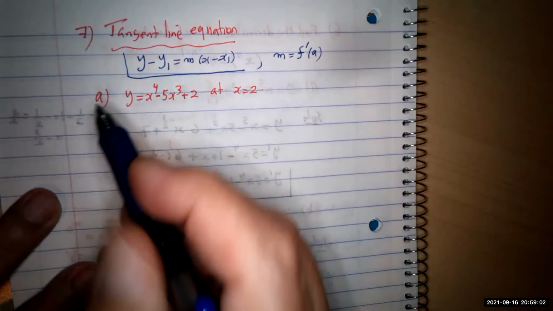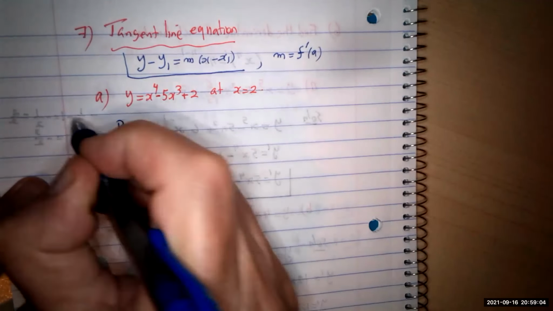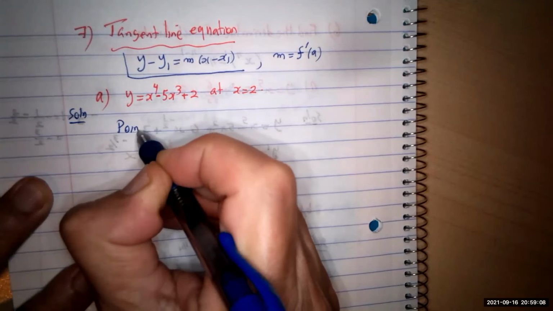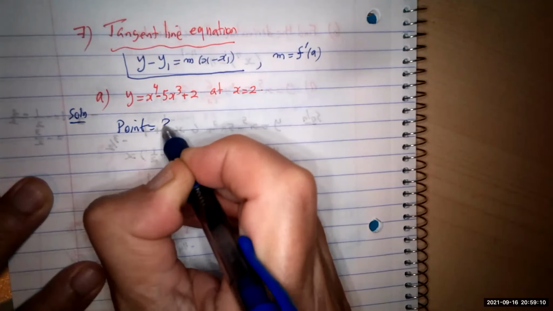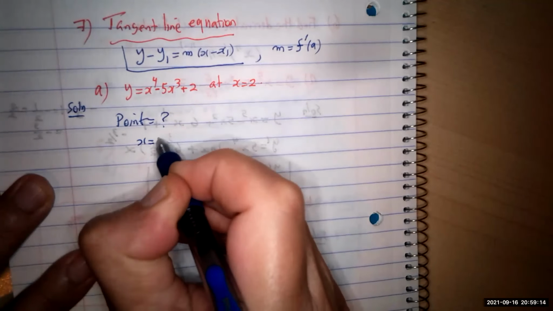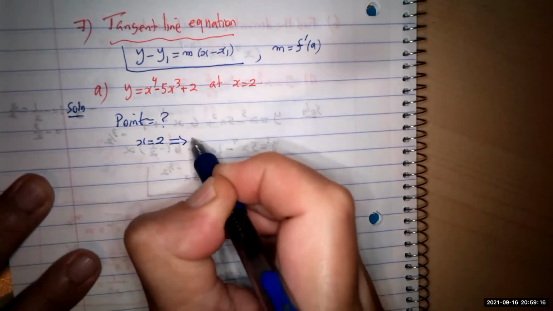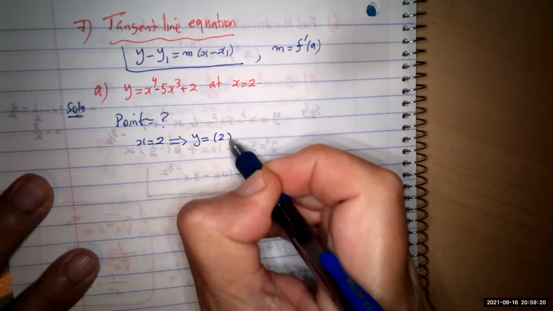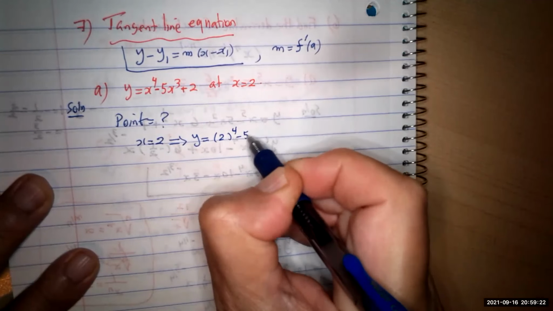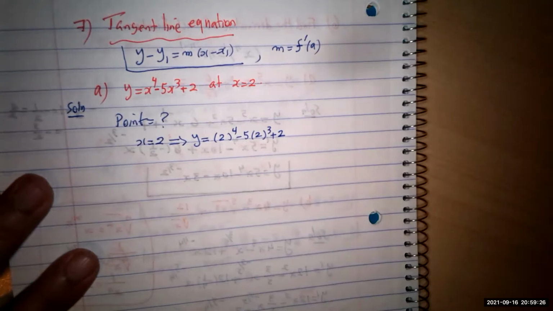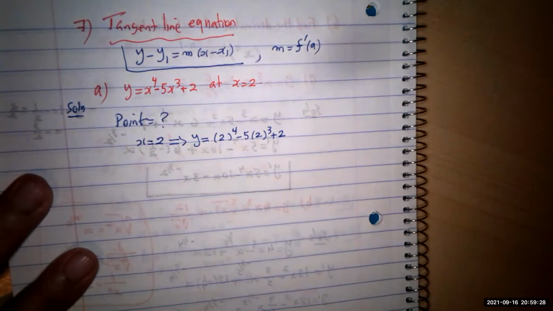Step 1, where is the point? Solution. So your x of the point is 2. Substitute in the function. Make sure you get the algebra all right. 2 to the 4th minus 5 times 2 cubed plus 2. 2 to the 4th would be 16.